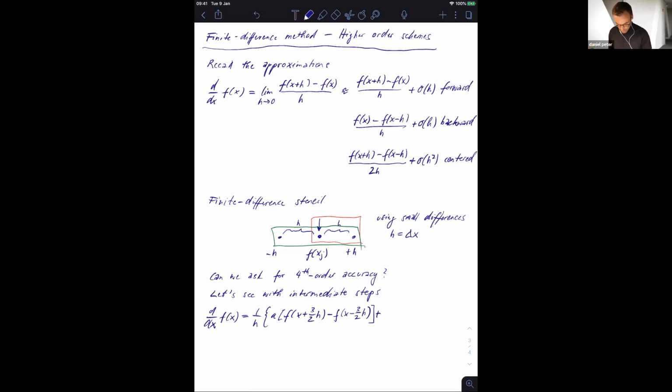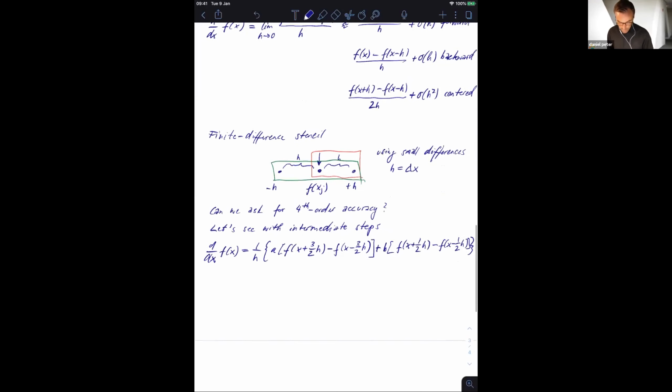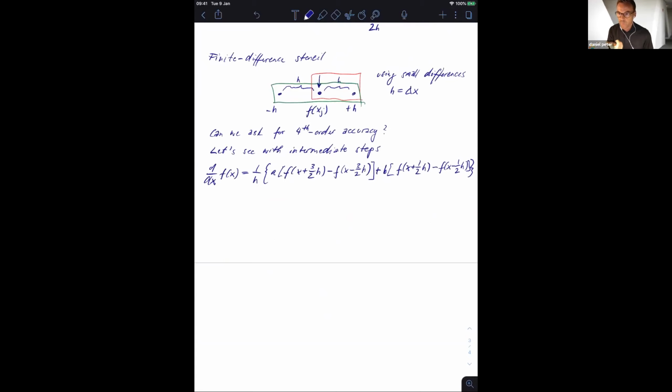And then we combine it with a second scheme centered, but only with 1/2 of h. Good. So can we find these two coefficients a and b to have a fourth order accuracy when we combine these intermediate step evaluations?